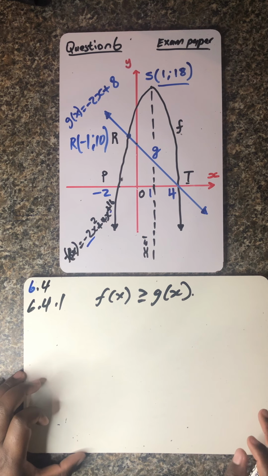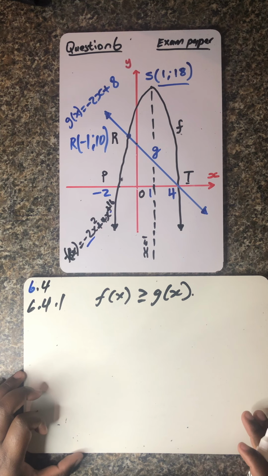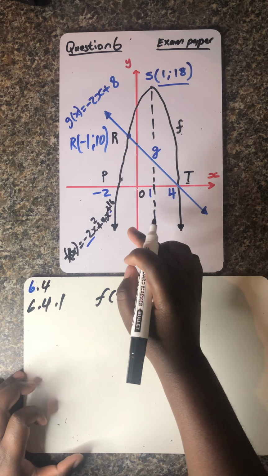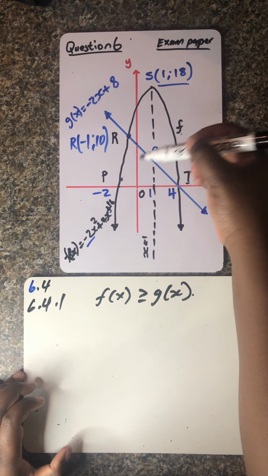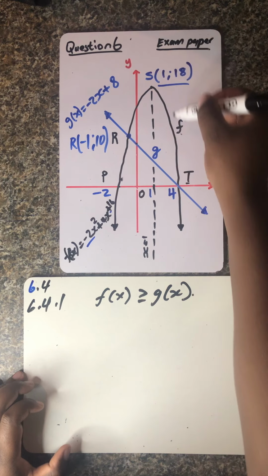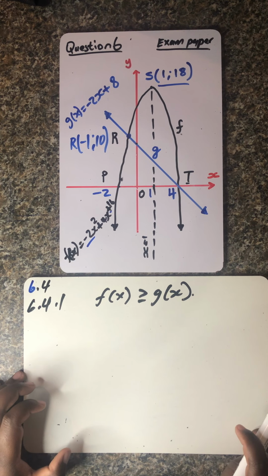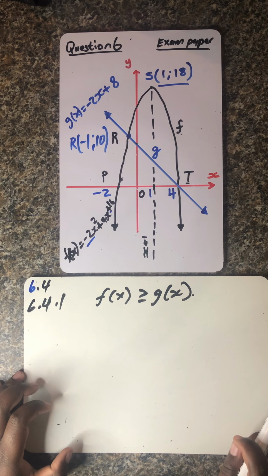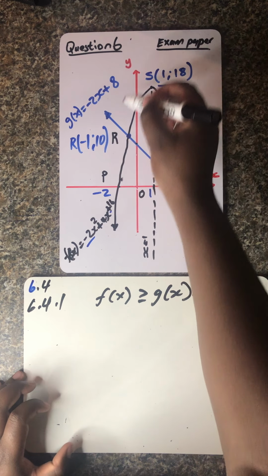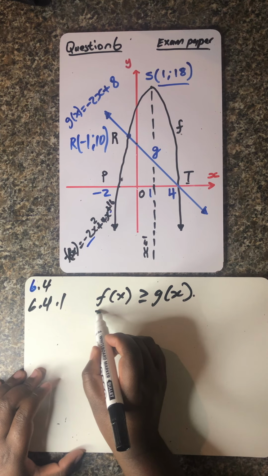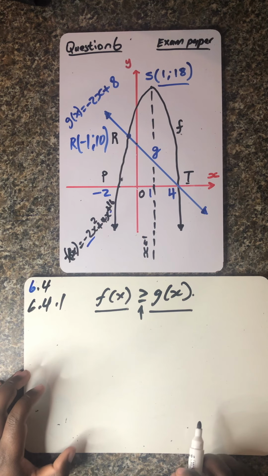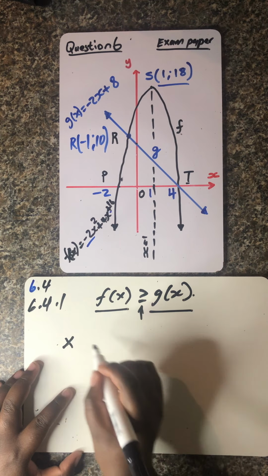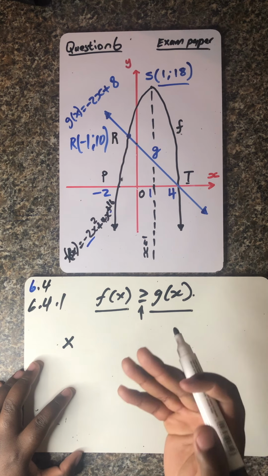Very, very much importantly, you can just try to check on that graph where that graph of f is greater or equals to g. So this is your first step, ladies and gentlemen, because obviously they said solve for x, isn't it?